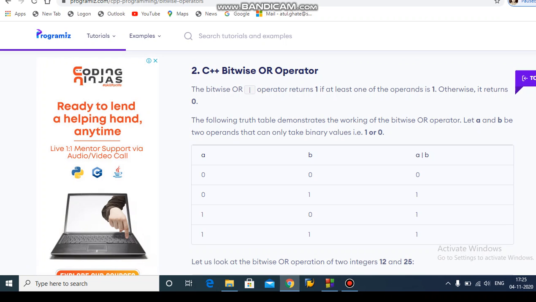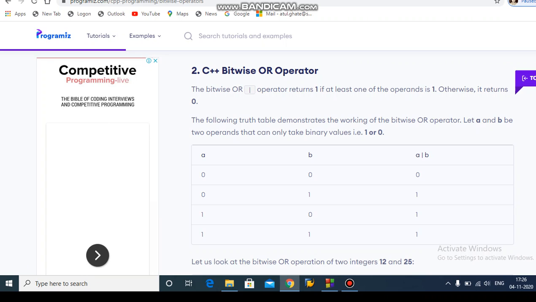Again I am repeating, the bitwise OR operator returns 1 if at least one operand is 1, otherwise it returns 0. The following truth table demonstrates the working of the bitwise OR operator. Let A and B be the two operands that can only take binary values, that is 1 or 0. This is the predefined truth table for bitwise OR.